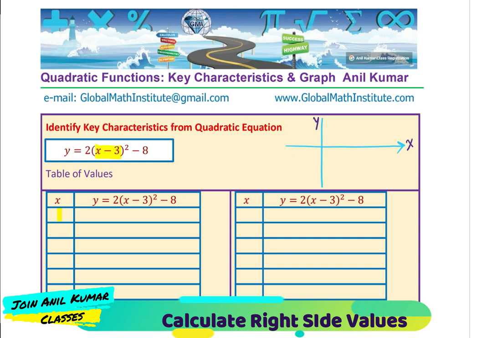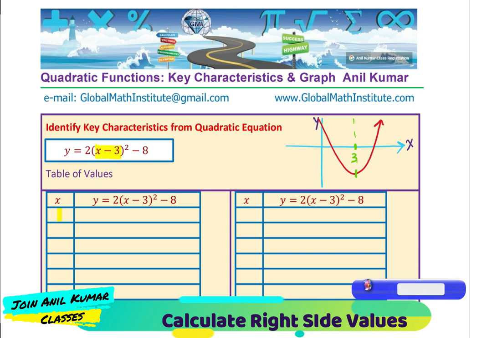So let me sketch the graph which we already have by now, kind of like this, right? Okay. So what I'm trying to say here is simple: we have to start with this value, which is 3. So left side and right side, it is all symmetrical, correct? So we can do one side.